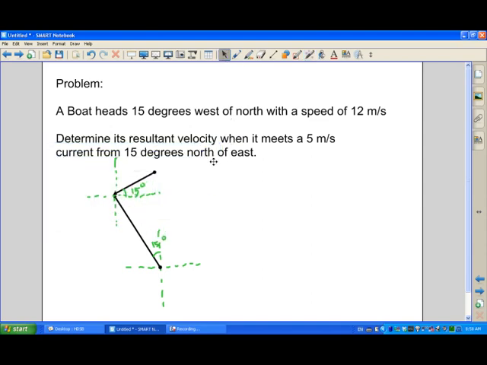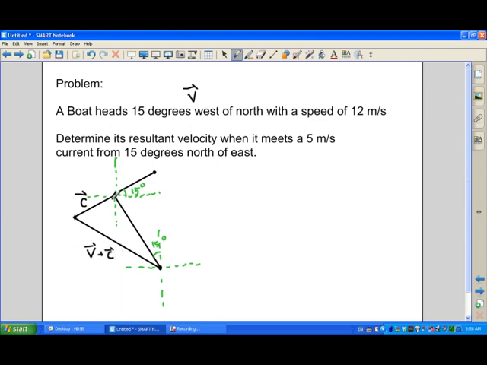What I need to do is take this position diagram that I've drawn and turn it into a vector diagram by taking the current and adding it to the head of the vector for the boat. So what we're looking for, that line there, if we call the velocity of the boat v and the velocity of the current c, then this line would be the vector v plus c.